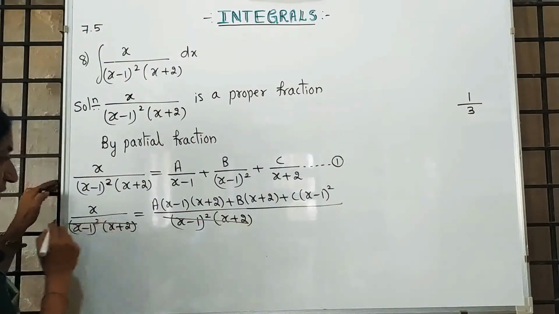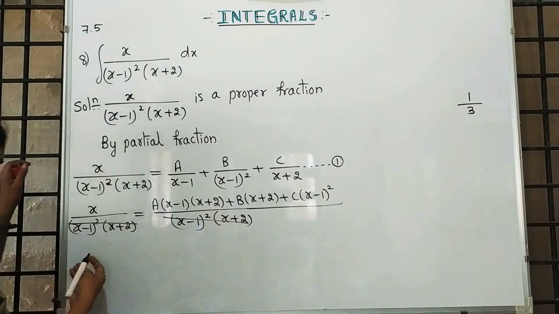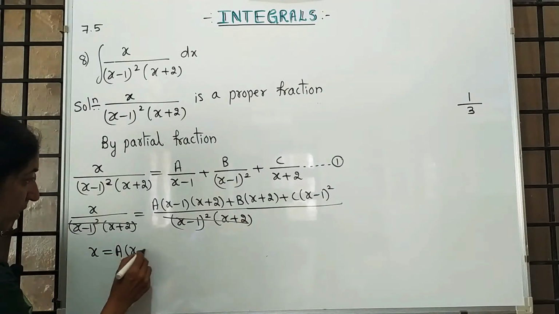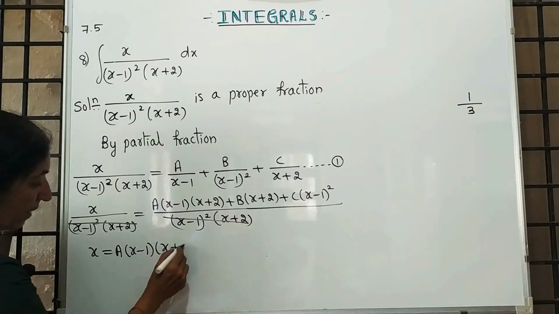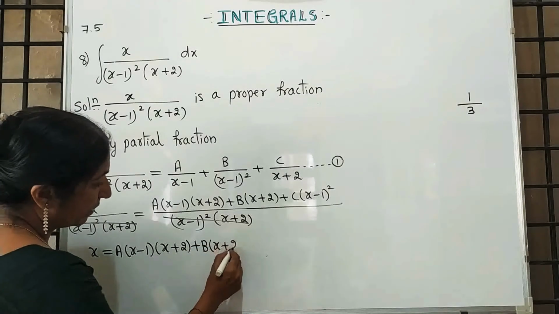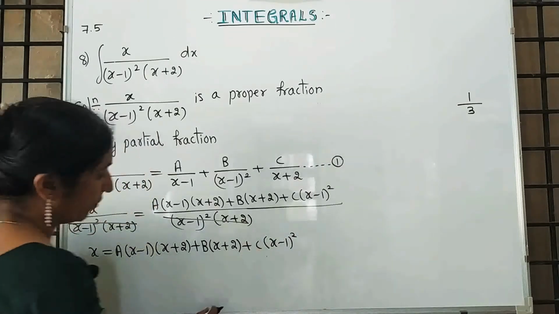See, on both the sides the denominator gets cancelled, write down the remaining expression. x is equal to a into x minus 1 into x plus 2 plus b into x plus 2 plus c into x minus 1 whole square.